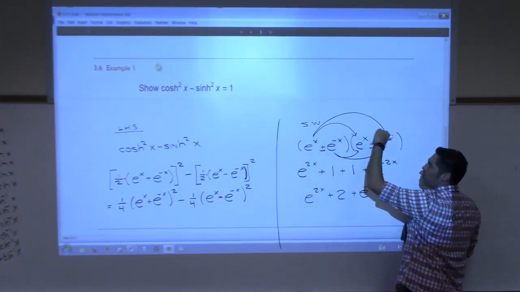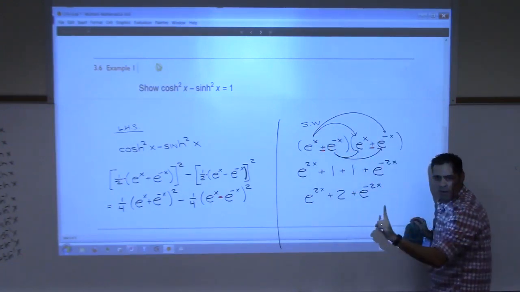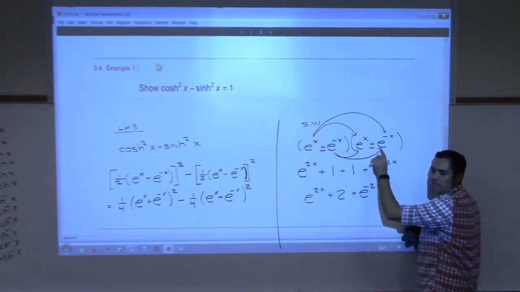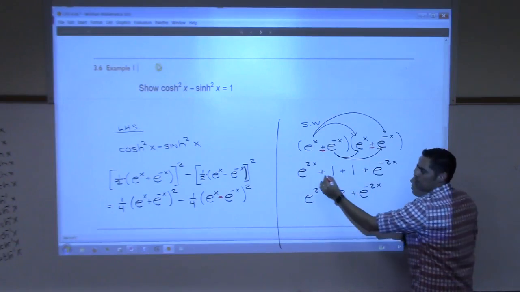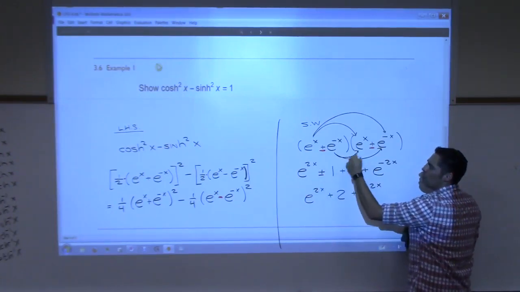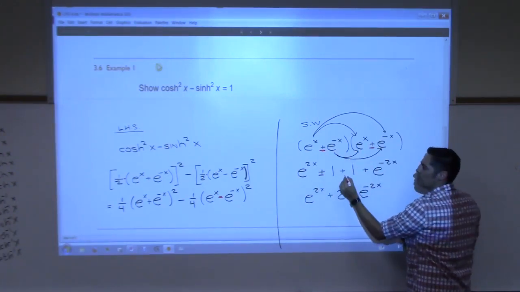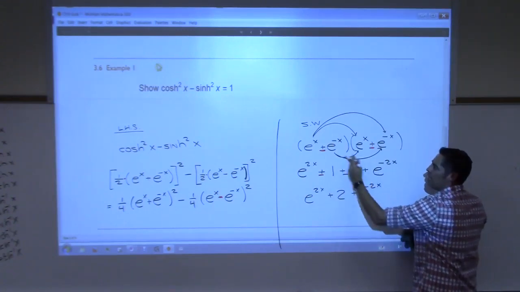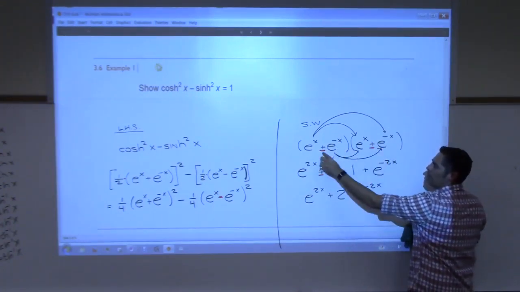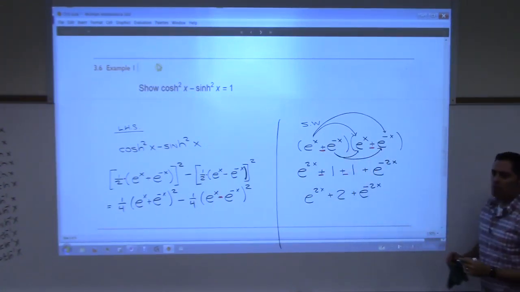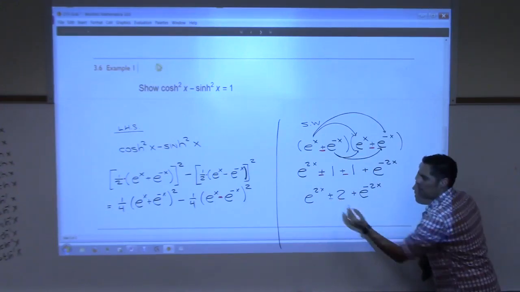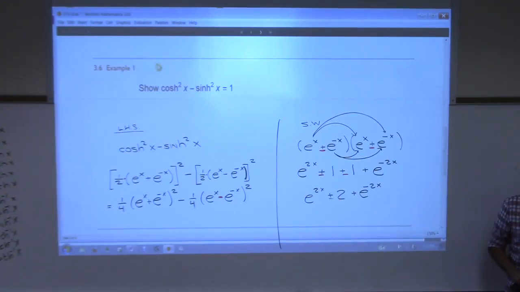When I do this one times this one, we'd still get 1, but it would be a positive times a negative. So it'd be a minus, wouldn't it? And then the inner one, I would have a negative times a positive, which would give me another minus. And then the outer two, I would have a negative times a negative, which would be plus. So the only difference here is that we're going to have minus 2. Do you all see that? Other than that, it's the same game of exponents.